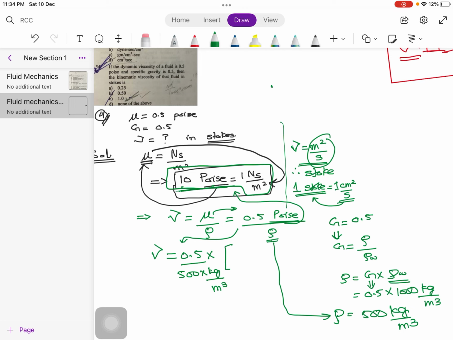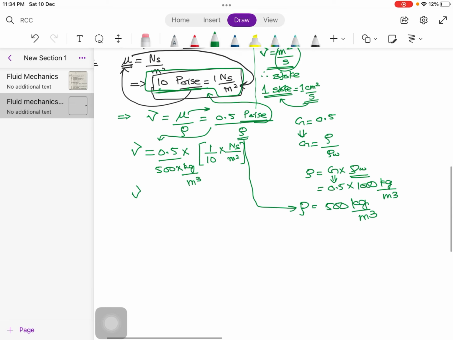So 1 poise can be taken as 1/10th of a Newton second per meter square. So we are close to the answer of this question.